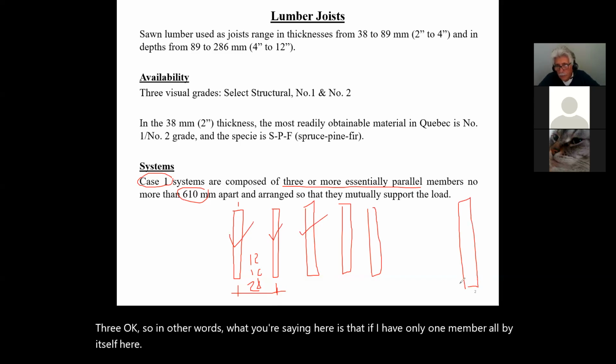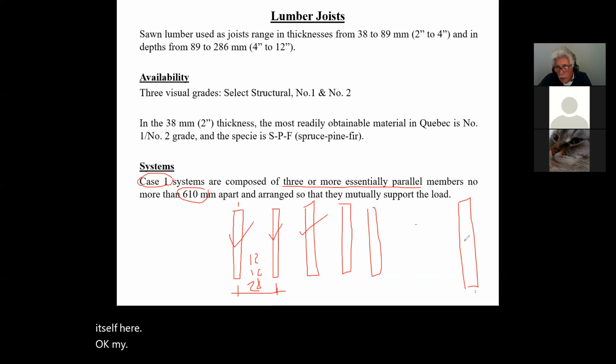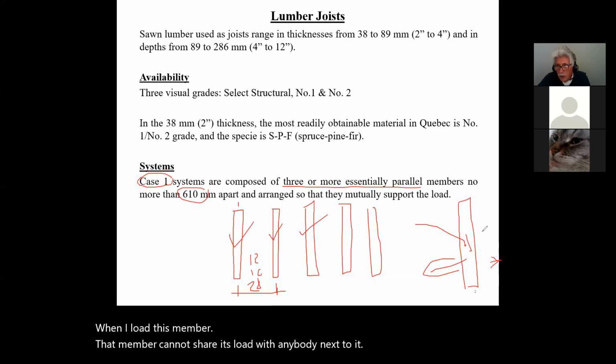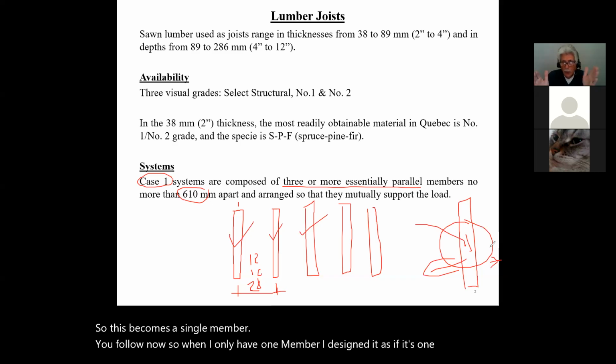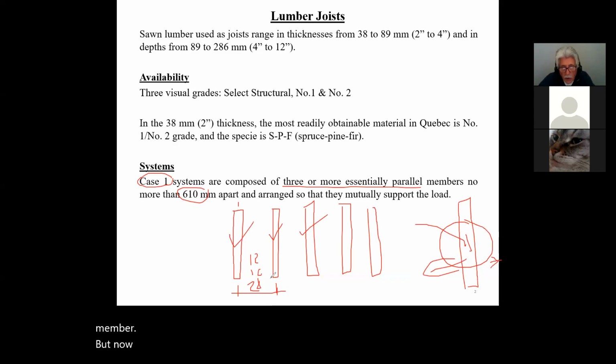Omar, when I load this member, that member cannot share its load with anybody next to it. So this becomes a single member. You follow? So when I only have one member, I design it as a single member. But if all of a sudden I have 3 or more members, and I put a load here, that load can be shared by this guy.